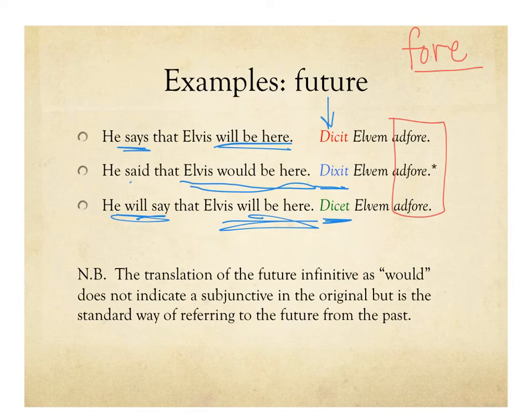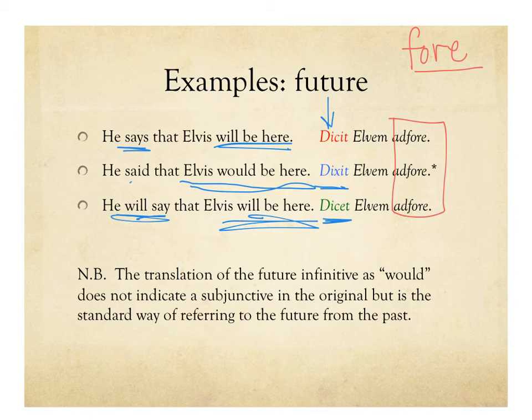So it's hard to sort of see. He will say tomorrow that Elvis will be here the day after that. Okay. So again, the future infinitive shows the time relationship, that this event, Elvis's presence, is going to happen in the future relative to the time of the main verb.